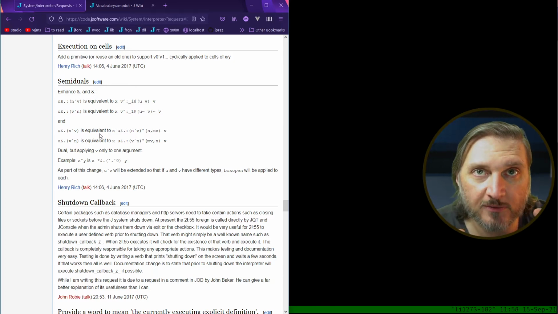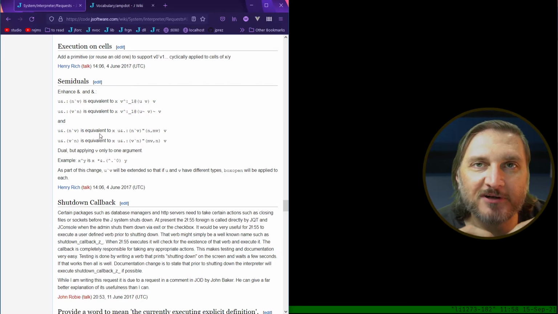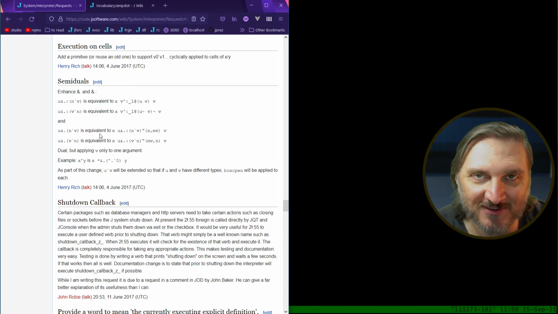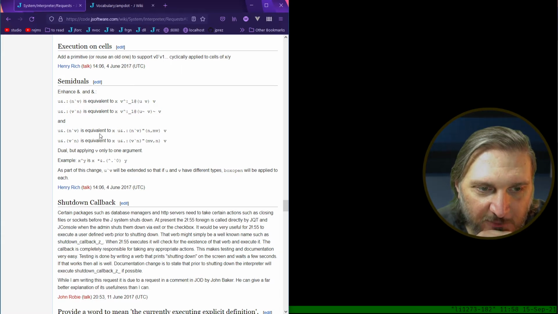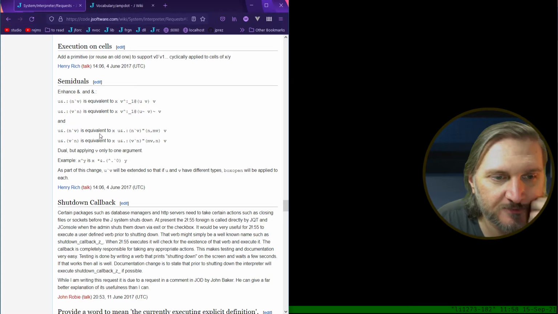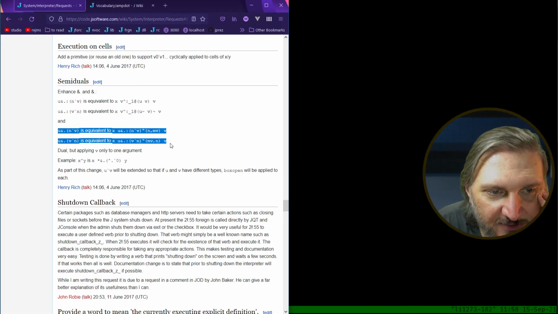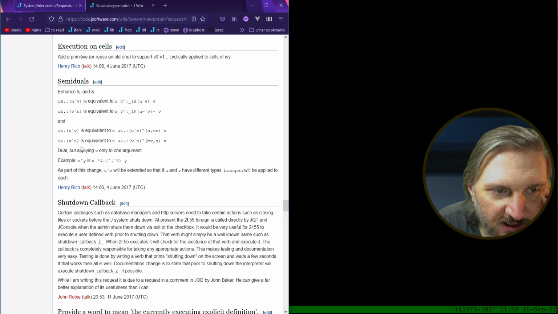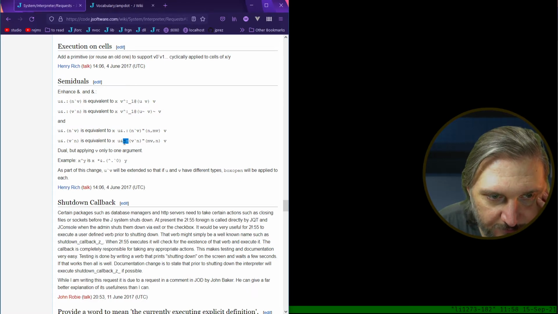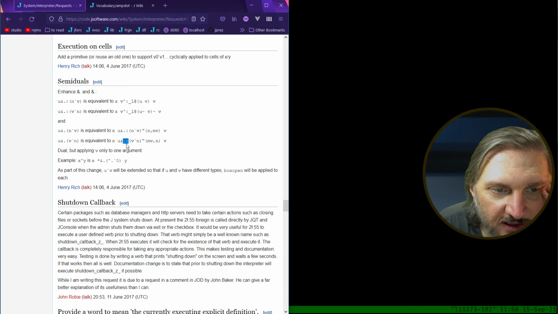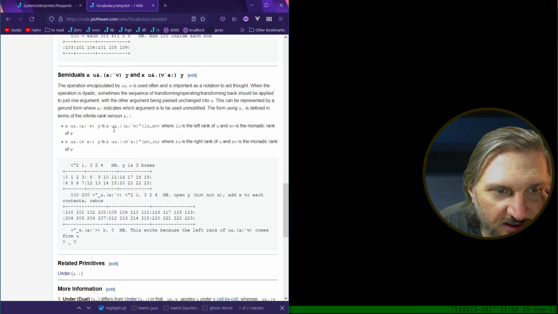So once you have a table, if you have an operation that works on lists, you can apply that. If you have an operation that works at rank infinity, you can apply it to a table or a list or scalars all the way down, and reduce it. So what this is saying is that reduction step. This is a version of under that applies at rank infinity, which I think we just saw here.